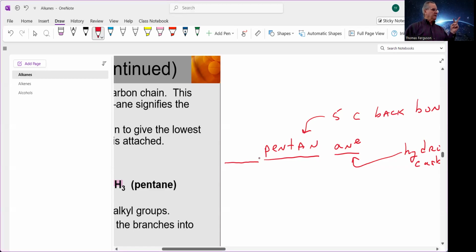Carbon number 2 on the backbone. And how many carbons is it? 1. So it's methyl. So it's 2-methylpentane. Okay, 2-methylpentane. 3 parts most of the time. Occasionally you'll have one with no branches, but always think 3 parts to start with.